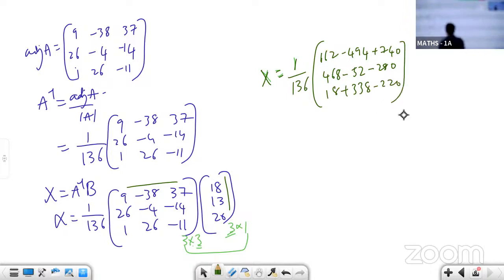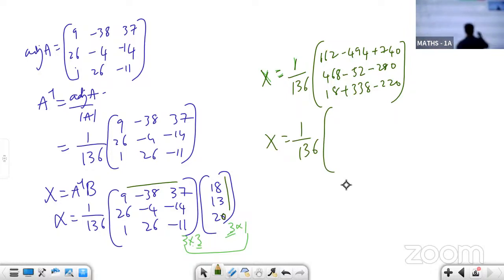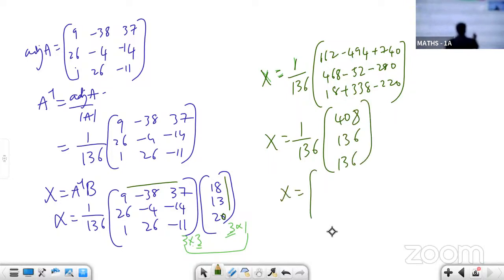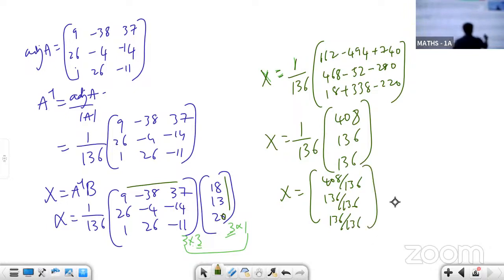First row with first column. Second row with second column. Third row with third. So capital X equal to 1 by 136. Simplifying these things will give you 408, 136, 136. Now capital X is equal to 408 by 136. Do matrix multiplication, which is nothing but 3, 1, 1.